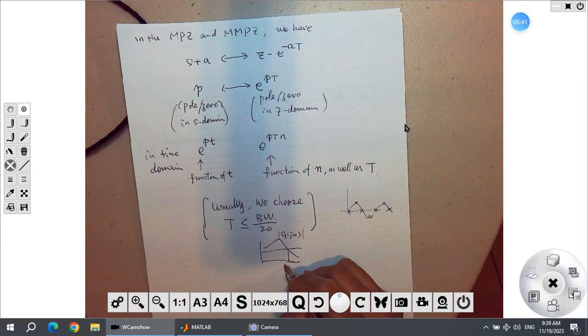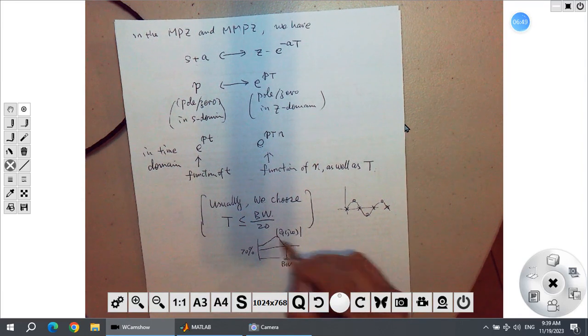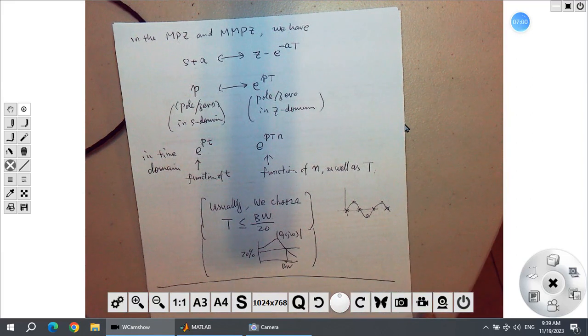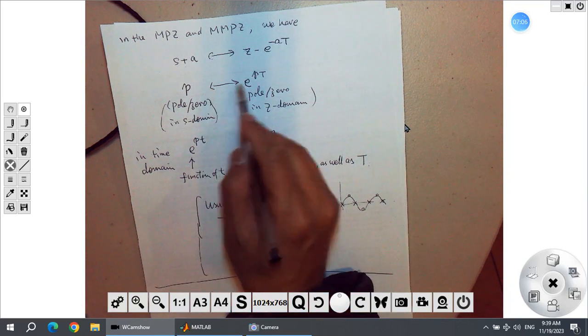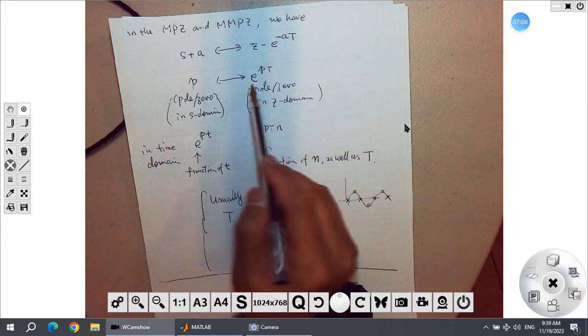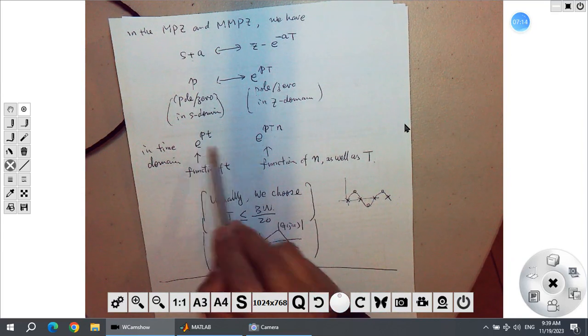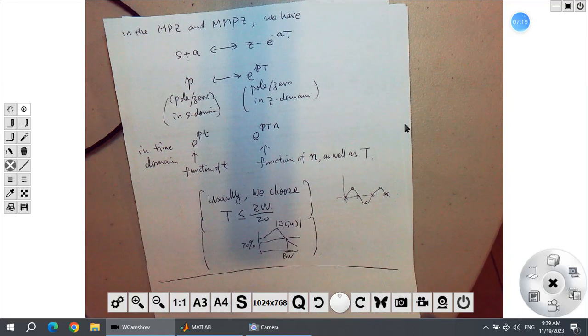Here's the bandwidth, at about 70%, and you use T smaller than this. This is one thing: the relation between the time domain before the transform, continuous time T and discrete time N, and after the transform from the S domain to the Z domain.